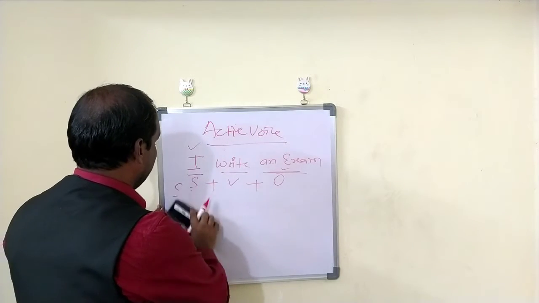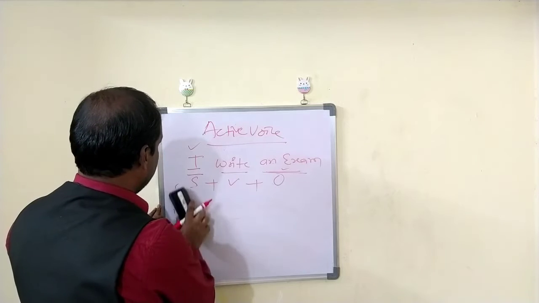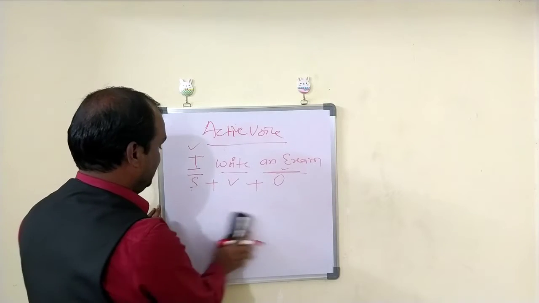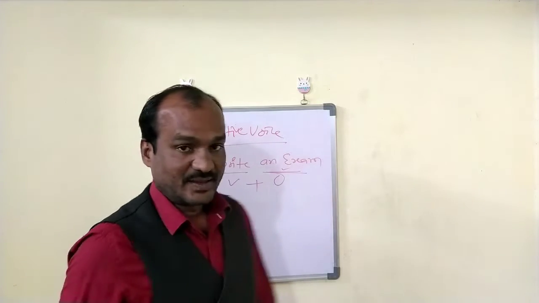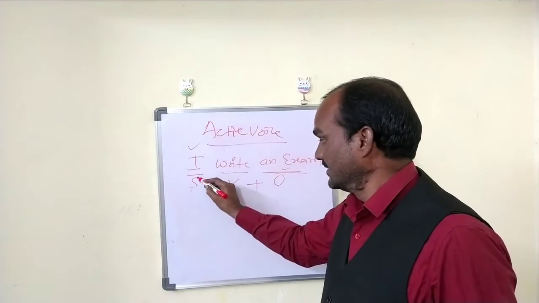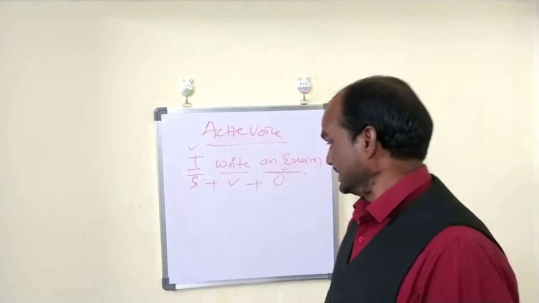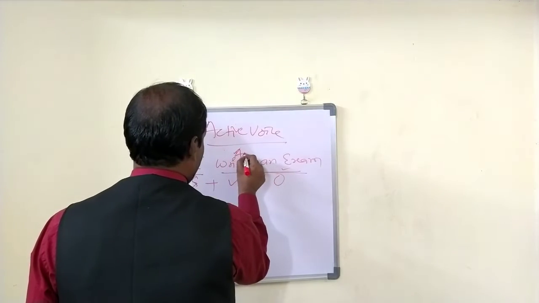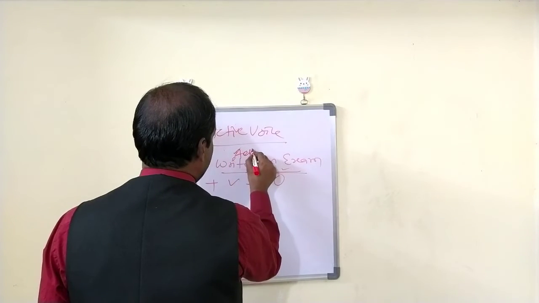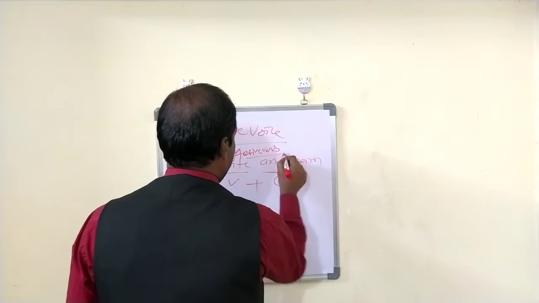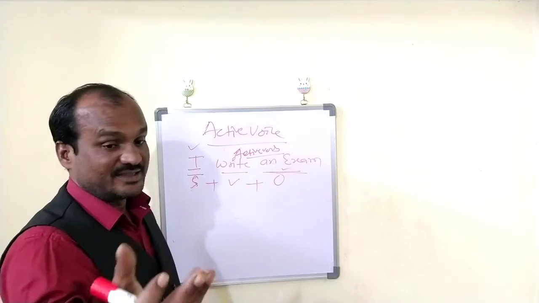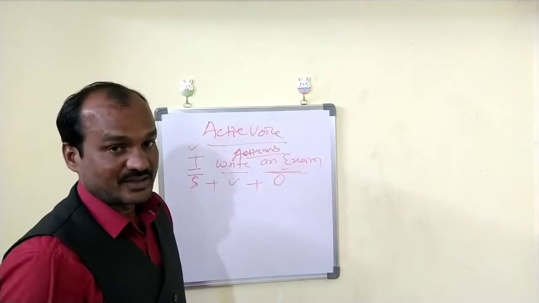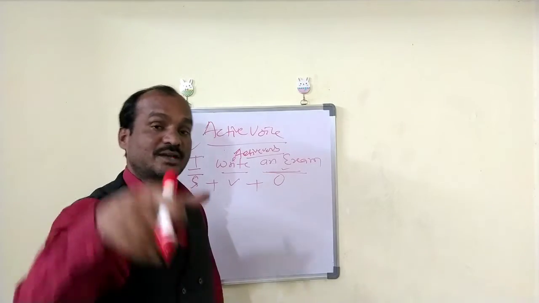Here I'll convince you what active voice is. You see in this sentence, who is the doer of the action? Subject is the doer of the action, and this verb is called active verb. In a sentence where the verb is in active form, that kind of sentence is said to be in the active voice.